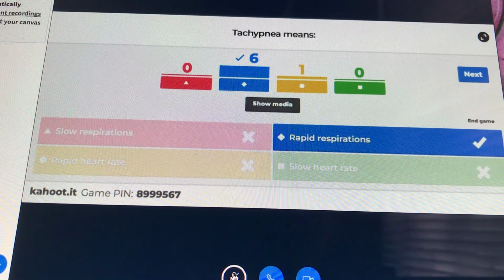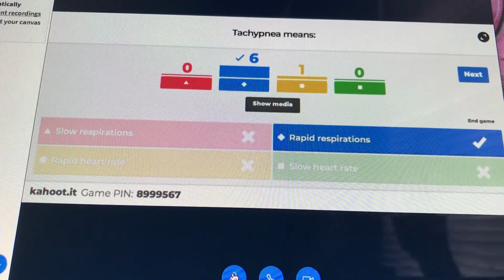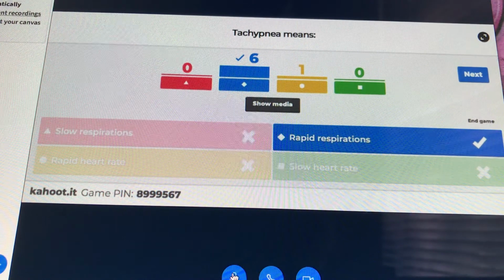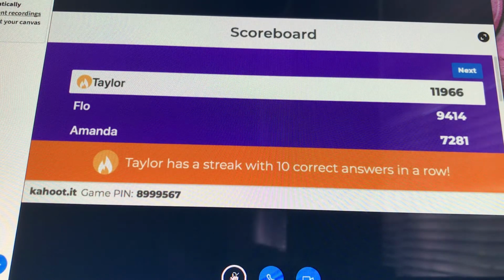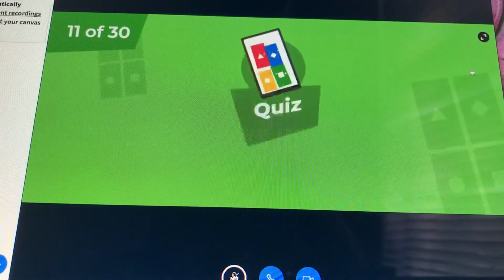Bradypnea. And what is the term for slow heart rate? Bradycardia. Good. What numerical value would indicate a decreased heart rate? Below 60. Yep, below 60. And what numerical value would indicate tachycardia? Above 100. Mhm, good.